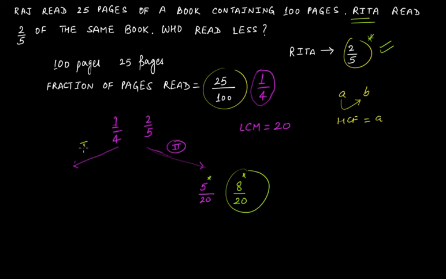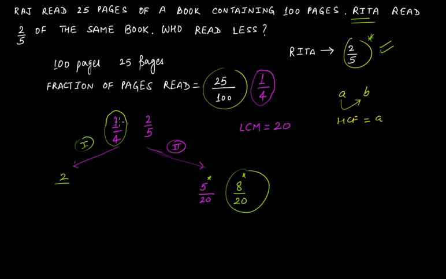Now that's the first way to compare. Another way to compare that I'll discuss here: if you look at these two unlike fractions, you can see that we can very easily make the numerators the same. How? You just have to write the equivalent fraction of this particular fraction having its numerator as 2. And how will you make the numerator 2? Simply multiply 1 by 2, you'll get 2.